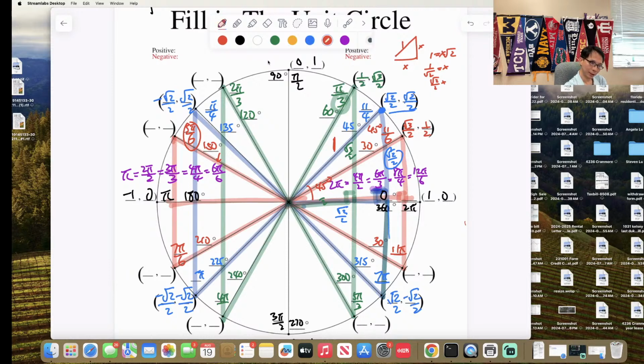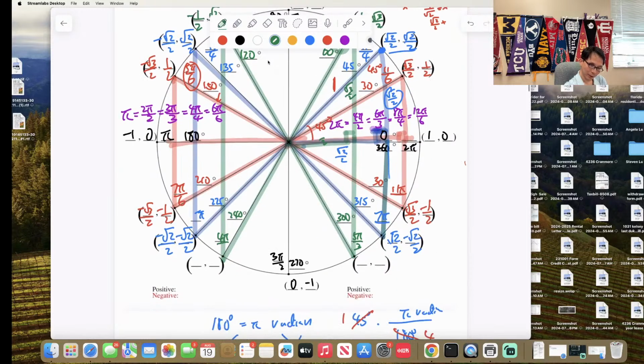Now here it's going to be negative root 3 over 2 and 1/2, negative root 3 over 2 and negative 1/2, root 3 over 2 and 1/2. And I'm going to go to pi over 4, so it's 1/2 and root 3 over 2, wait, hold on a second, that's not negative. So this one's negative 1/2, square root 3 over 2, and 1/2, square root 3 over 2, negative.